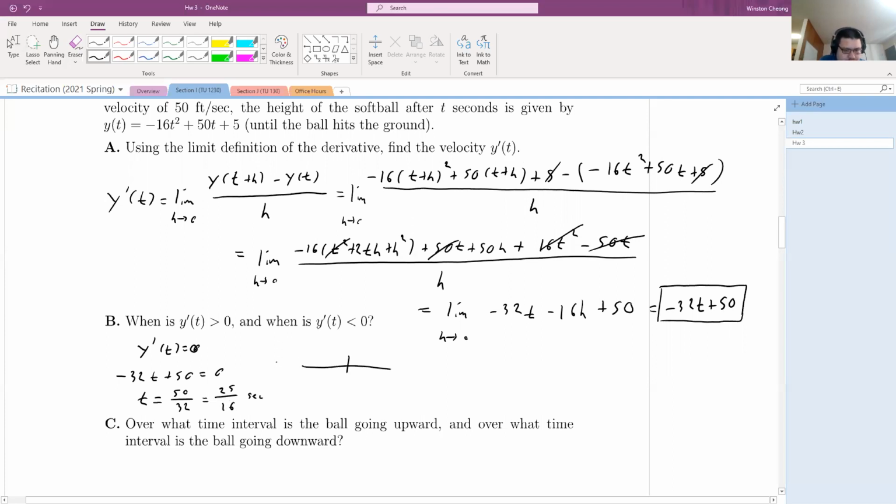Then you draw your number line. This is a number line in terms of t, or actually, the way I normally write it is I write what I'm going to evaluate on this number line. This is 25 over 16, and y prime, what will it be on this interval?